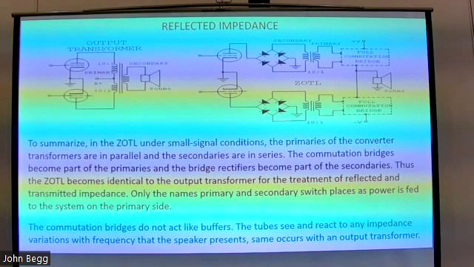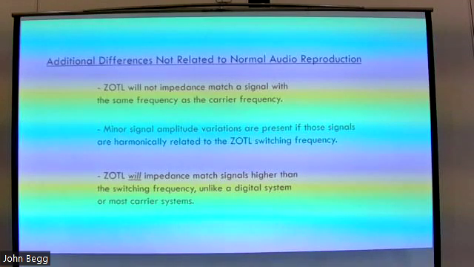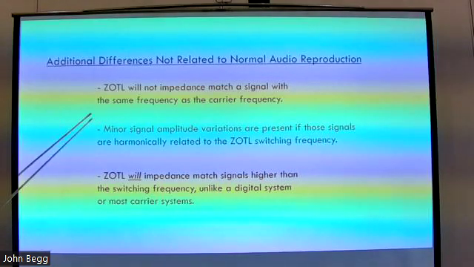So next slide. Now here are some additional differences not related to normal audio reproduction. This is sort of interesting, but probably not of too much consequence. The ZOTL will not impedance match a signal with the same frequency as the carrier frequency.